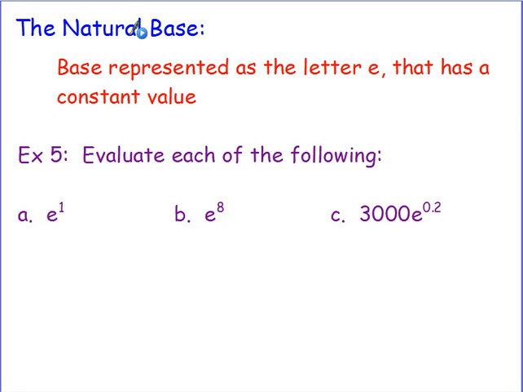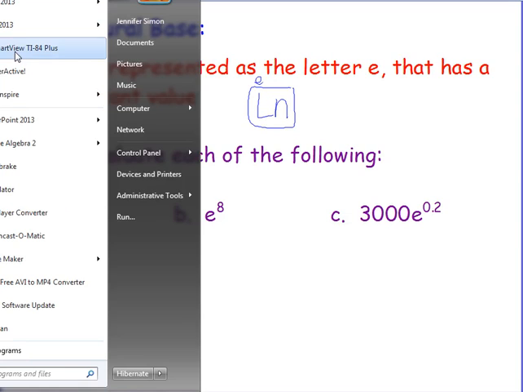And so E, the way you find it, the buttons that you press, if you're looking at your calculator, you're looking for a button that looks like this. LN. If you actually look above that button, you'll see a little E. Okay, so if you want to see what I'm talking about, I'm at my calculator.